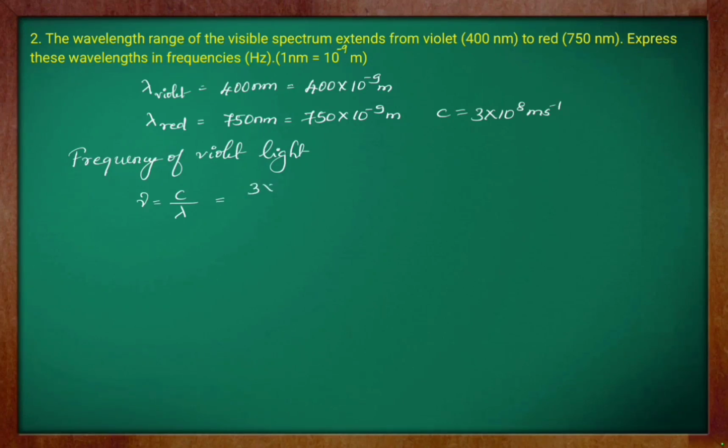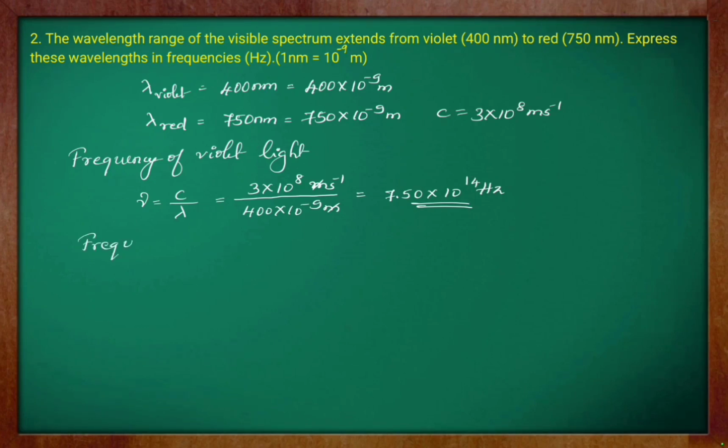Substituting, c is 3 into 10 to the power 8 meter per second divided by the wavelength for violet light, that is 400 into 10 to the power minus 9 meter. Upon simplification, we get 7.5 into 10 to the power 14 Hertz. This is the frequency corresponding to violet light of wavelength 400 nanometer.